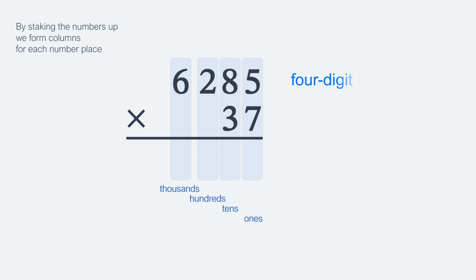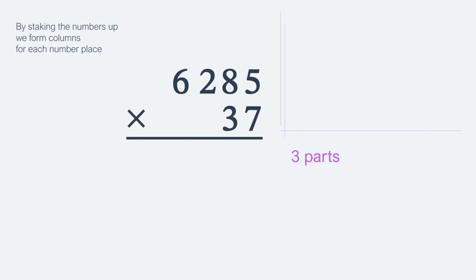As we multiply a 4-digit number by a 2-digit number, we are going to break up this big multiplication problem into 3 parts. What are the 3 parts? 6,285 times 37 equals 6,285 times (7 plus 30).